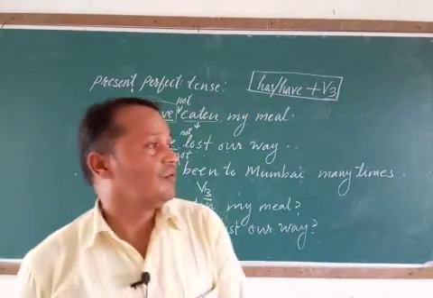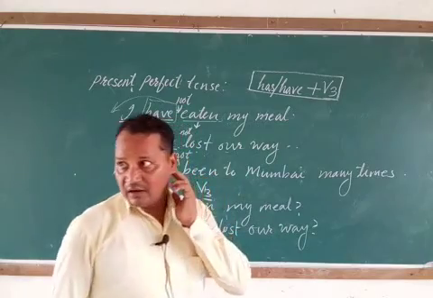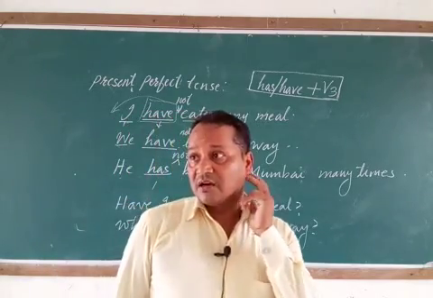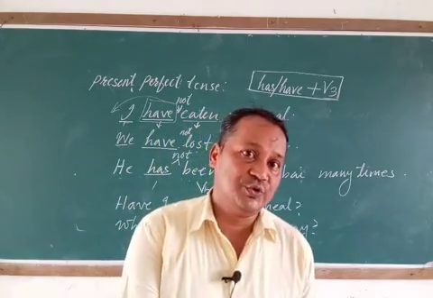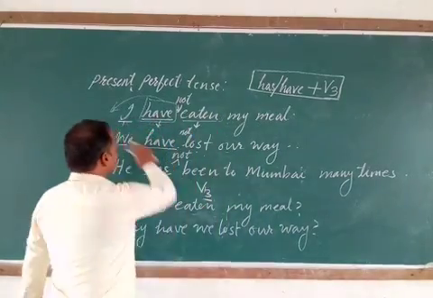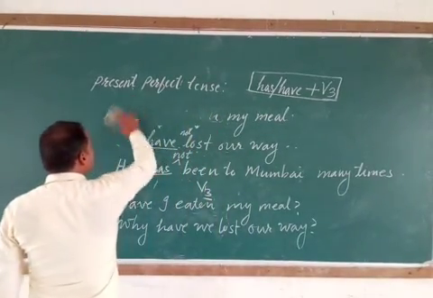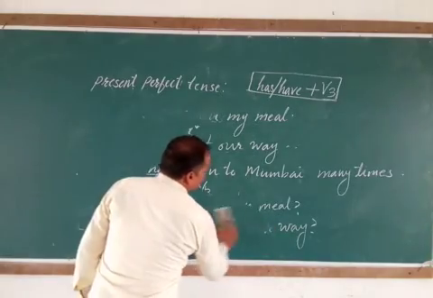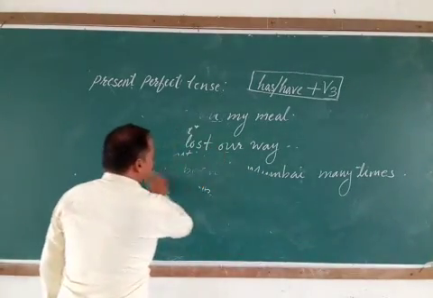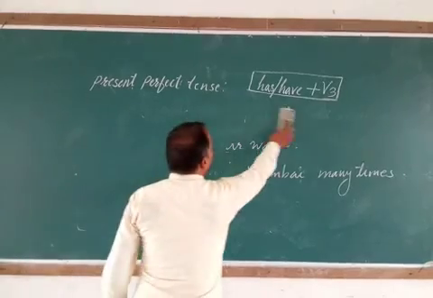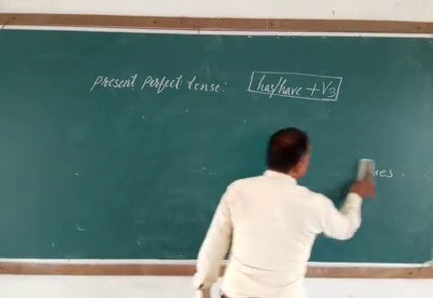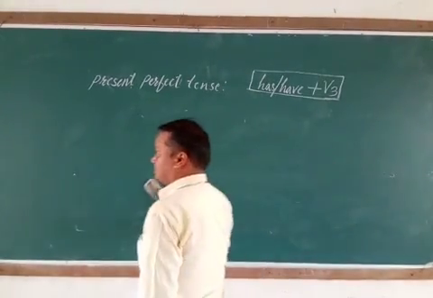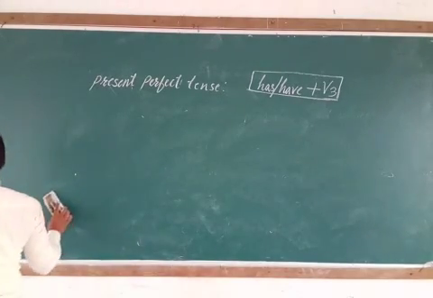Now we will see what are the conditions, what are the times and context when to use present perfect tense. So first use: when any action, when any incident is repeated many times, repeated between past and present, then we will use present perfect tense.